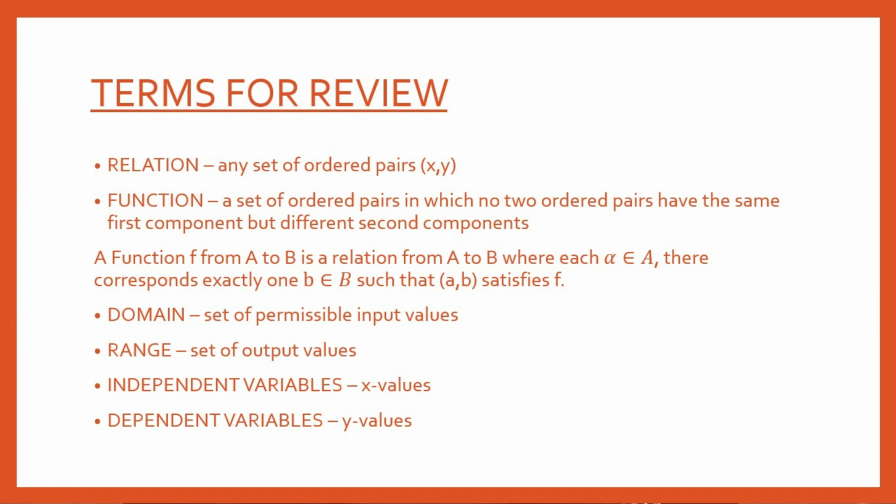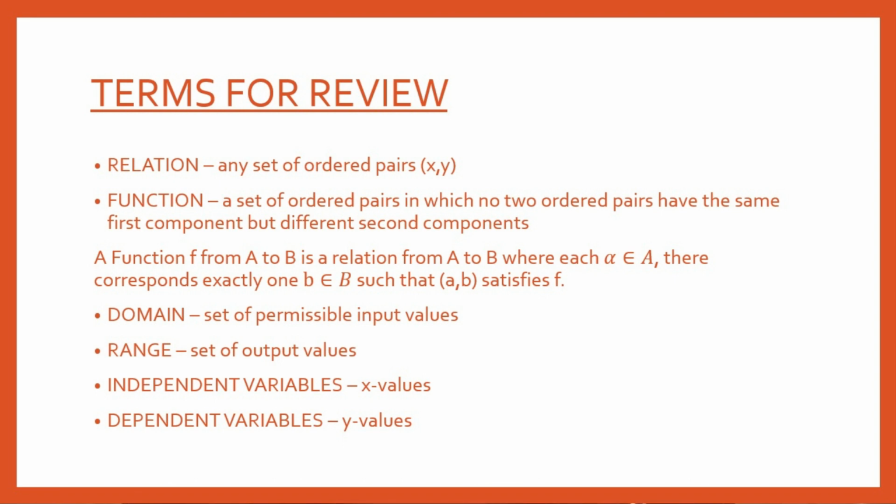Let us review the following terms. 1. Any set of ordered pairs (x, y) is called a relation. A set of ordered pairs in which no two ordered pairs have the same first component but different second components is called a function.